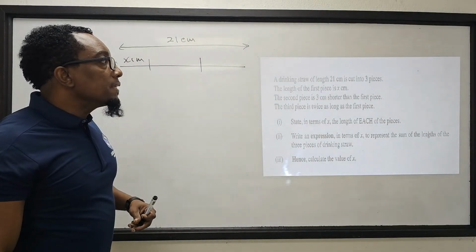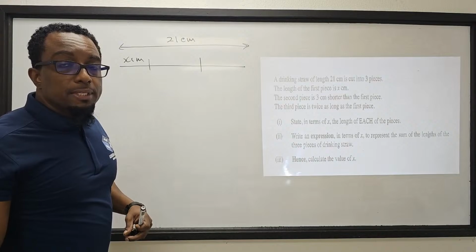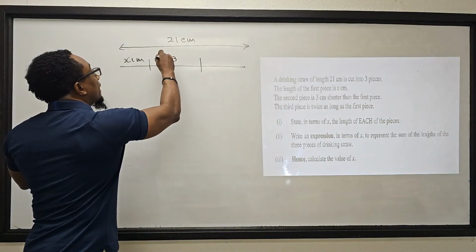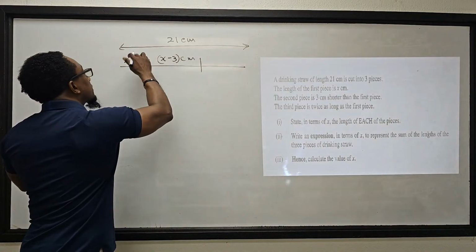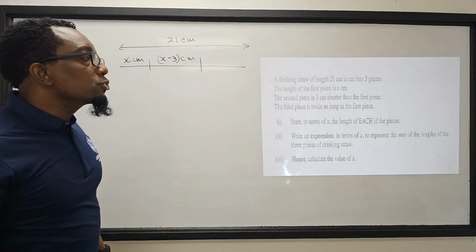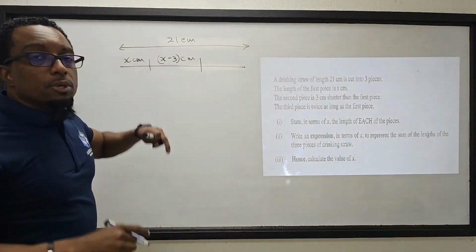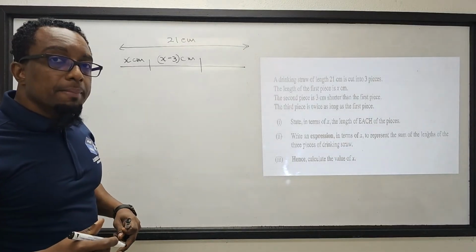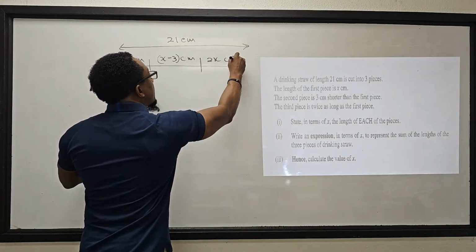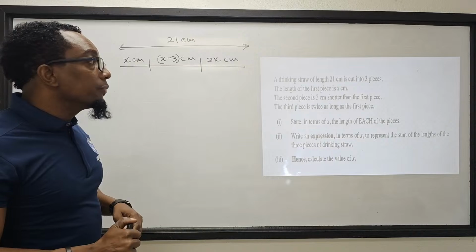The second piece is 3 centimeters shorter than the first. So if it's 3 centimeters shorter than the first, then it's going to be x subtract 3 centimeters. And the third piece is twice as long as the first piece. So if the first piece is x, twice means to multiply by 2, so that will be 2x centimeters. That's a straw divided into 3 pieces.